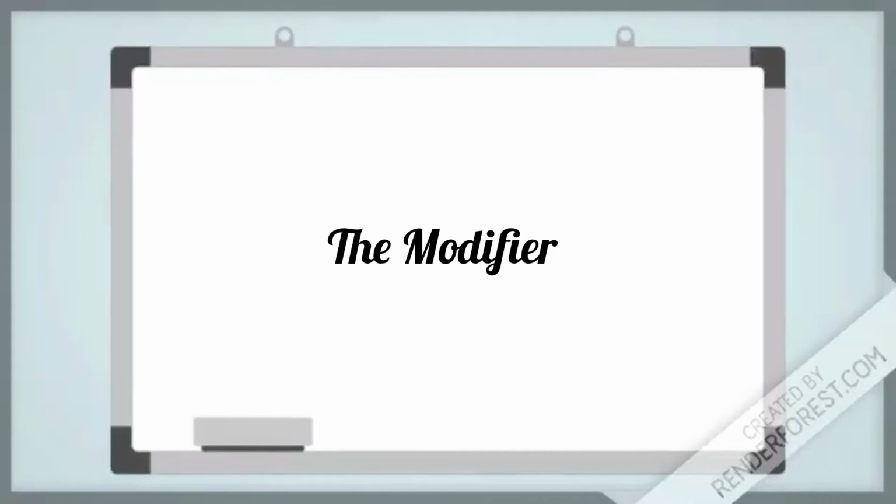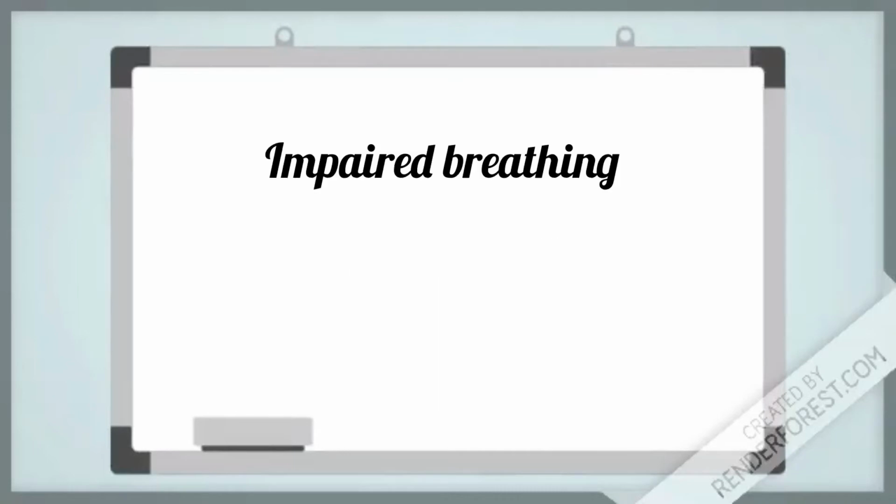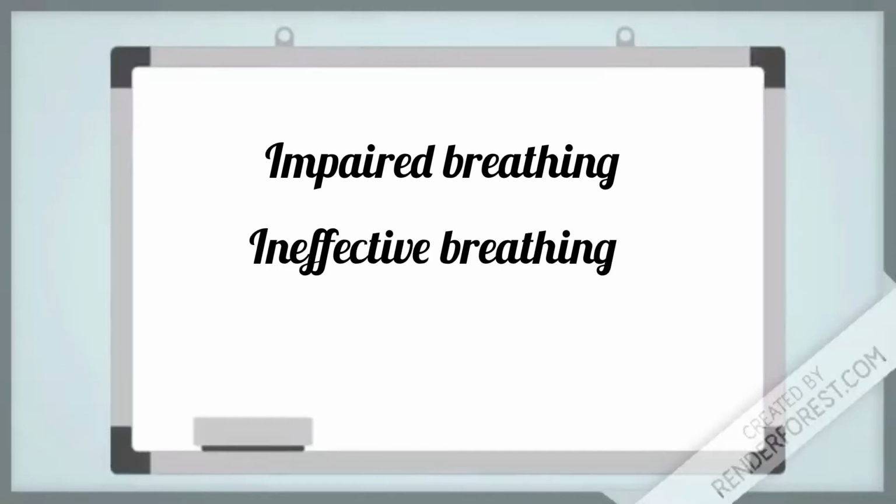So for example, a patient that has a breathing impairment or a breathing difficulty, we start with, let's say, impaired breathing, ineffective breathing. You get it? So impaired breathing pattern or ineffective breathing pattern. So the modifier or the qualifier in this statement is the impaired or ineffective.